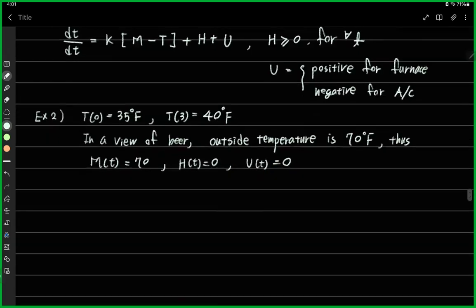Okay, so modeling the differential equation using Newton's law of cooling, dT/dt plus kT is equal to kM, by the way. And here M is 70, right? Okay. So now dT/dt plus kT is equal to 70k, right?